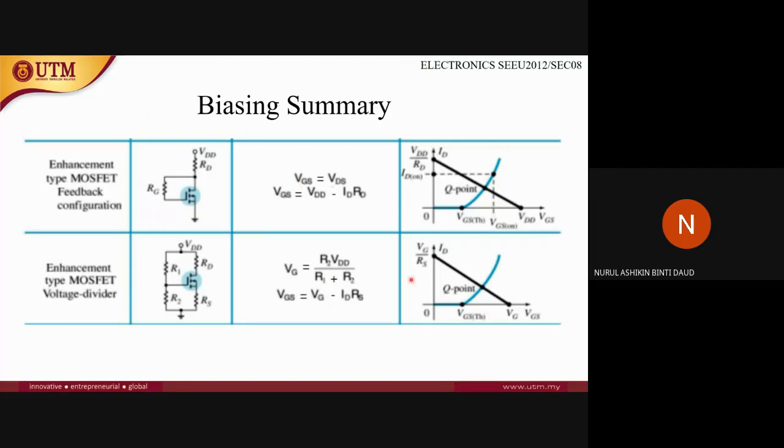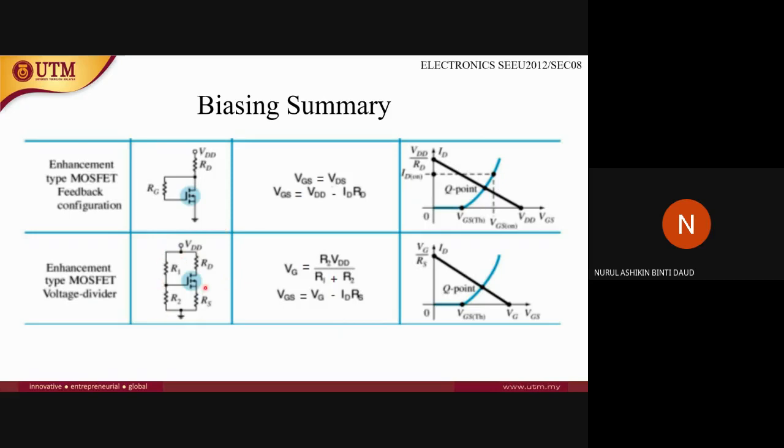So this is the summary. Oh, it's a little bit blurry. Okay, this is the summary for the biasing. So this is the feedback configuration. For feedback configuration, you don't have to focus much, because in your final exam, in your test, they will focus only on this voltage divider.